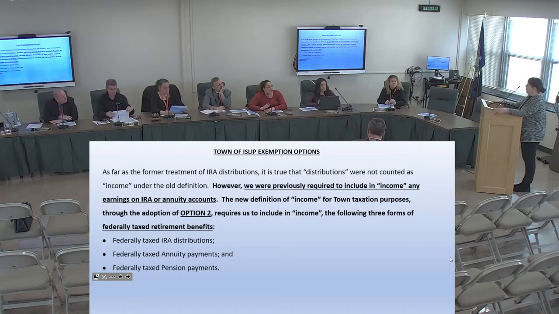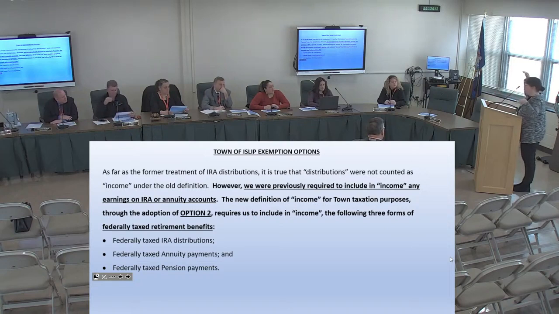So it's not politically driven, and what the board decided and how they came up with that decision is really not my purview to discuss here. However, I can tell you that under the old definition of income, we were required to include anything in an IRA account, the growth, the earnings.